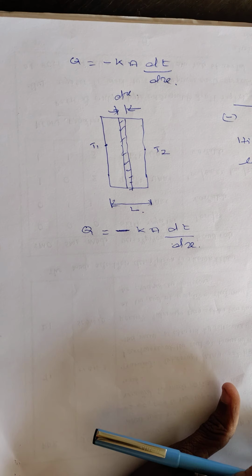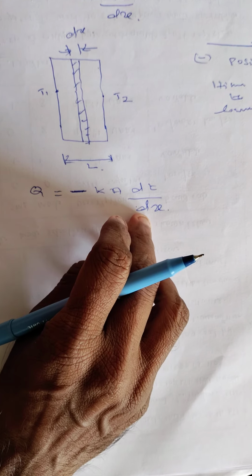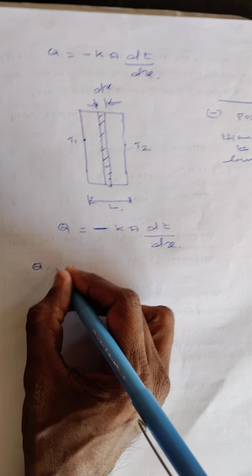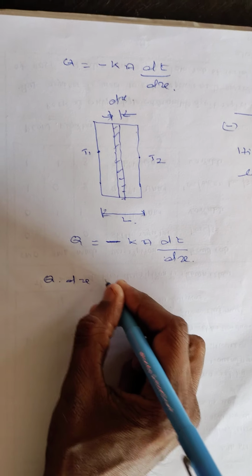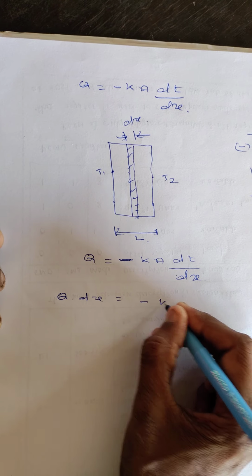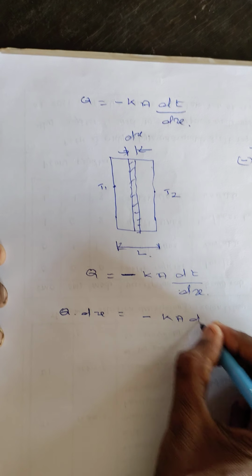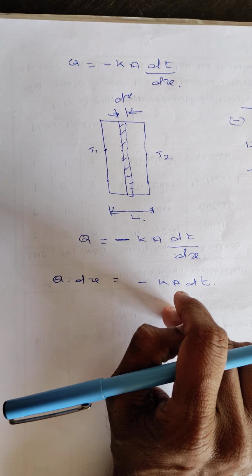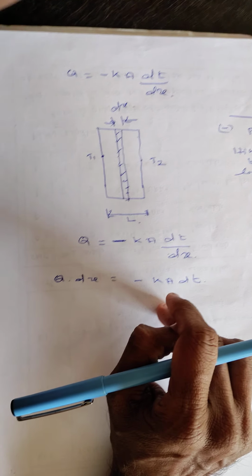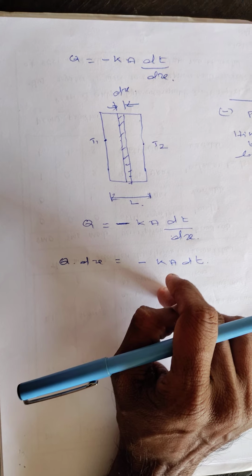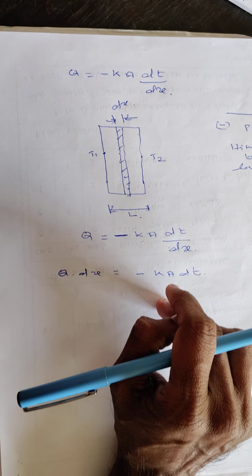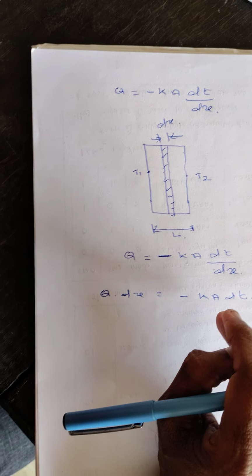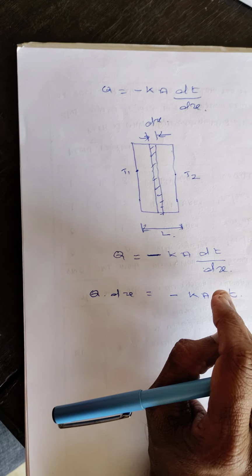Now I am going to bring the dx to the left hand side. So Q dx is equal to minus Ka dT. Next, I am going to integrate. Why do we have to integrate?